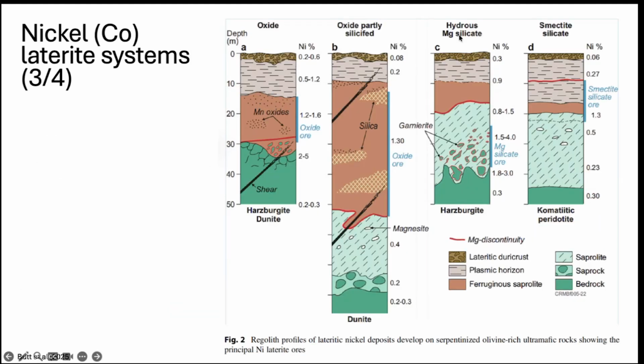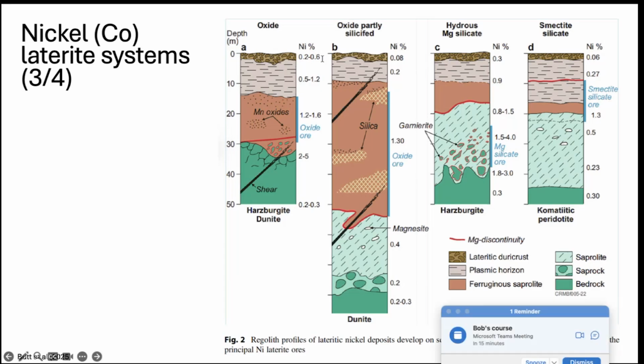And so this is a sort of cartoon from a brand new book on supergene deposits. And so we have the first two, A and B, are sort of idealized cross sections of the oxide type. So you can see in the blue bar just to the right is the ore.